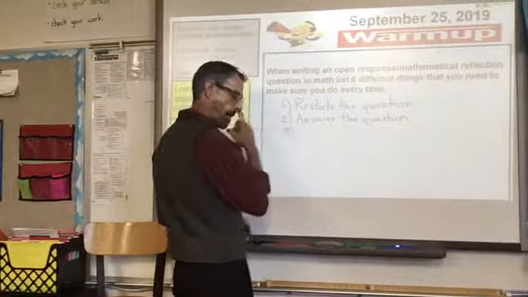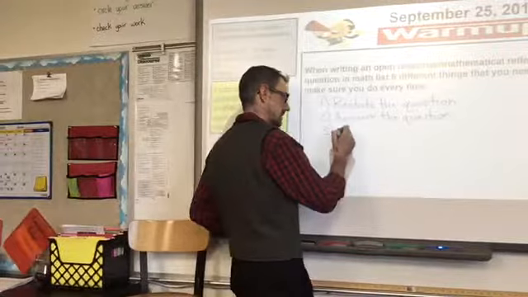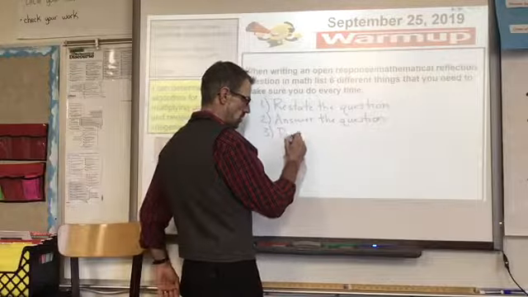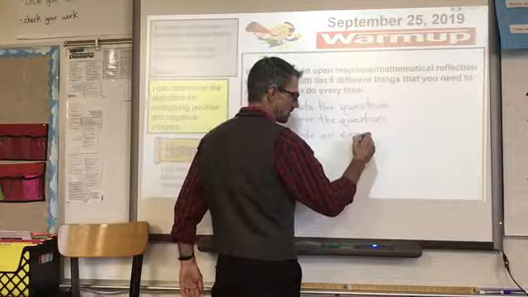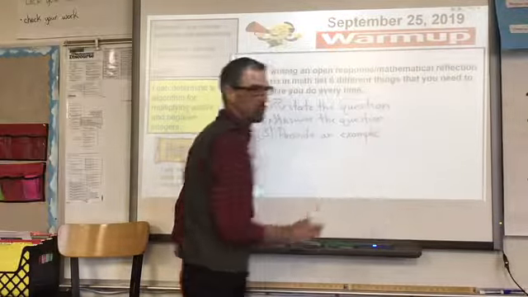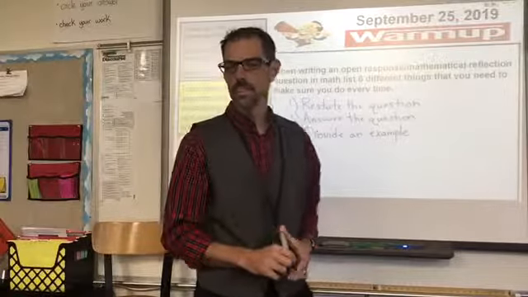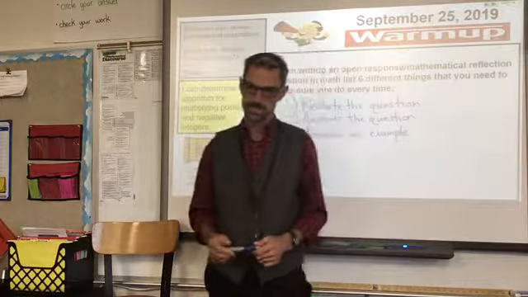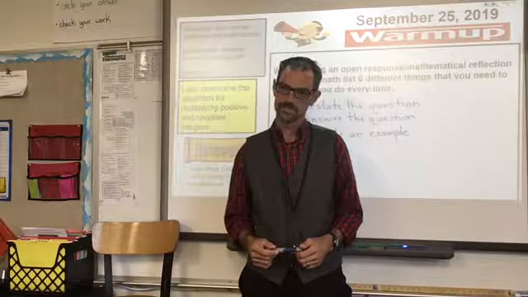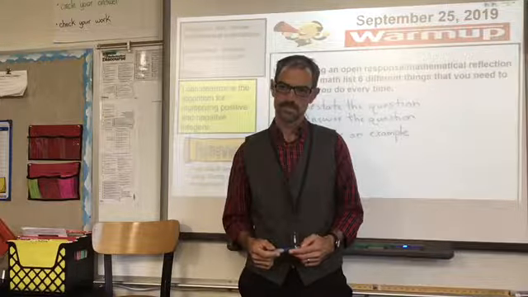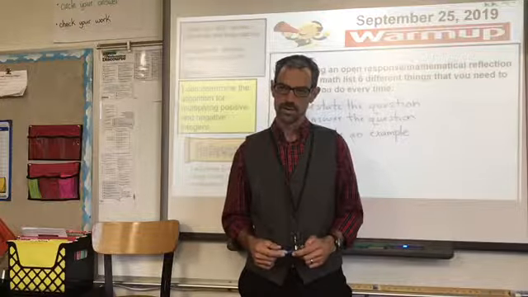Gavin, what would be another thing? Number 3, I could give an example. Yes. Yep. Provide an example. What should that example do? So if you had like small n minus big N, you'd be like, so 3 minus negative 3 minus negative 6 equals negative 3.